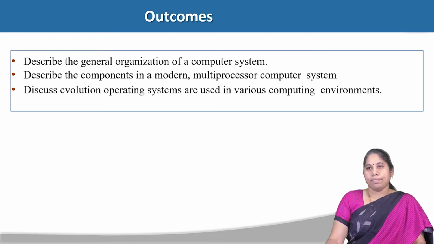After the completion of this presentation, the students will be able to describe the general organization of the computer system, describe the components in modern and multiprocessor computer systems, and discuss the different evaluations of operating systems used in various computing environments.